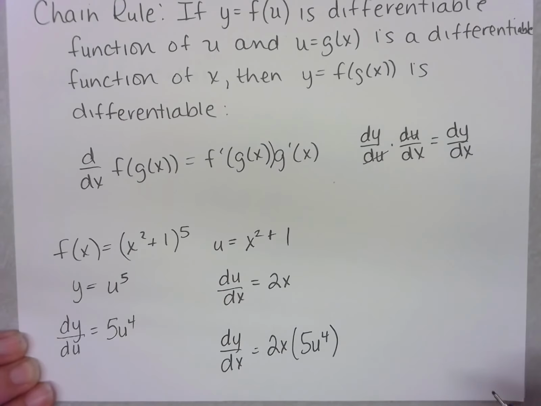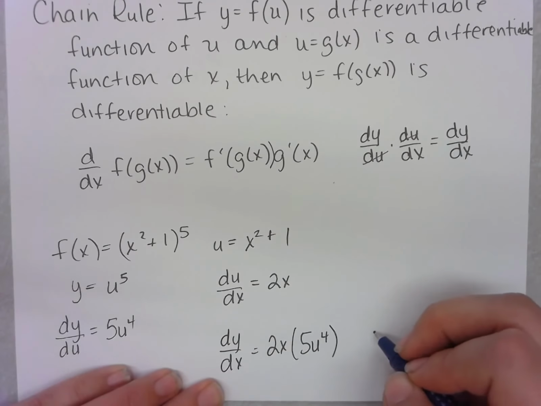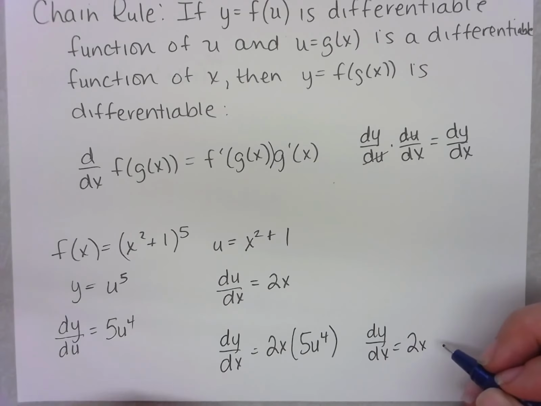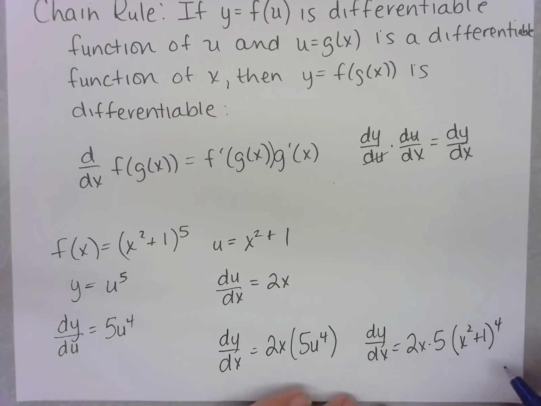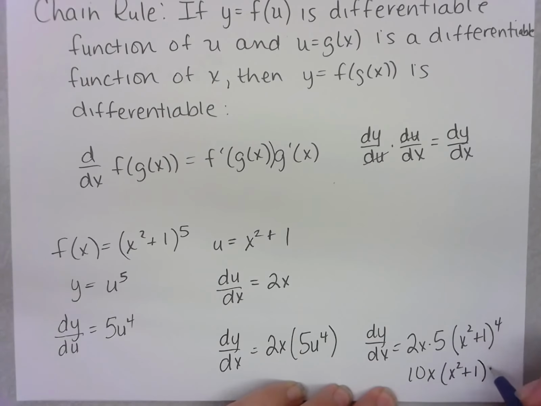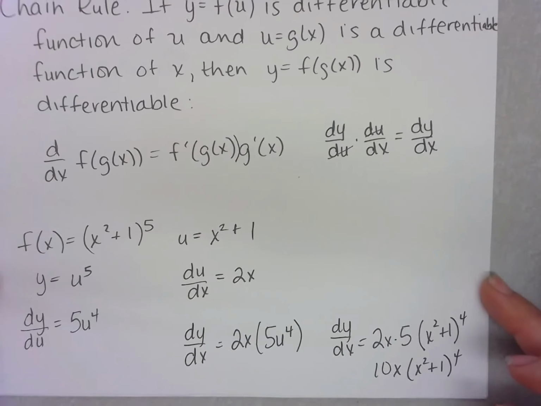Now I started out in terms of u and not x, so I'm going to replace this. dy dx is equal to 2x times 5 times x squared plus 1 to the 4th, since u is x squared plus 1. And then one last step just to make it a little simpler, I can write it like this. Okay? So this is the chain rule.